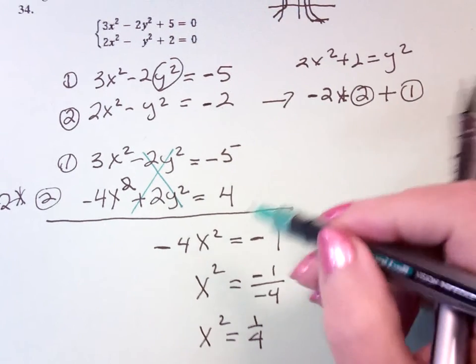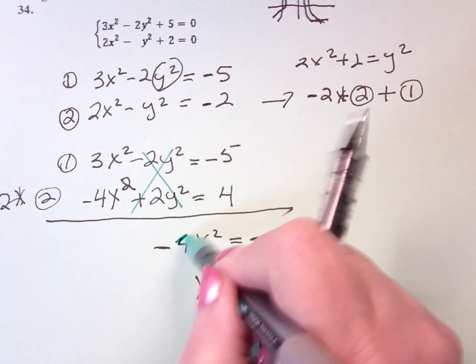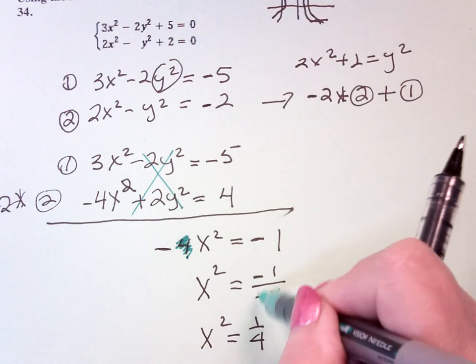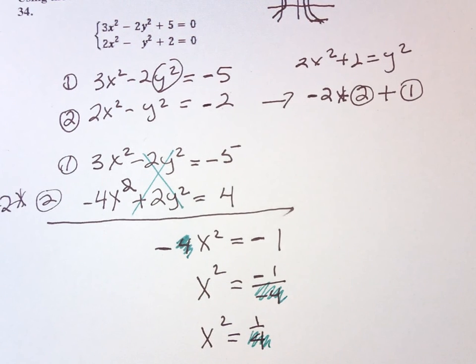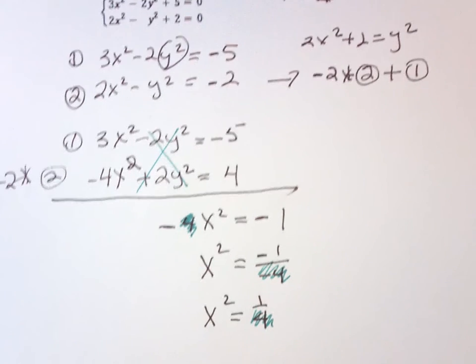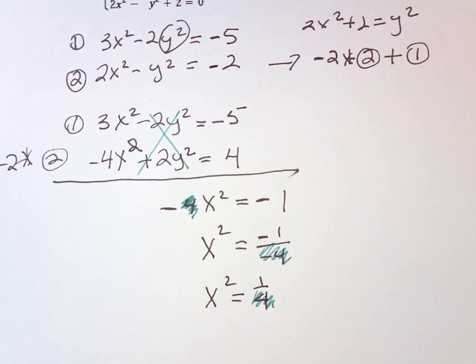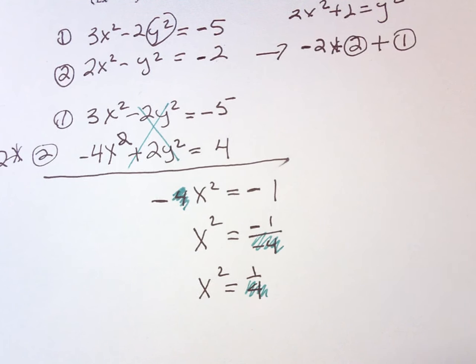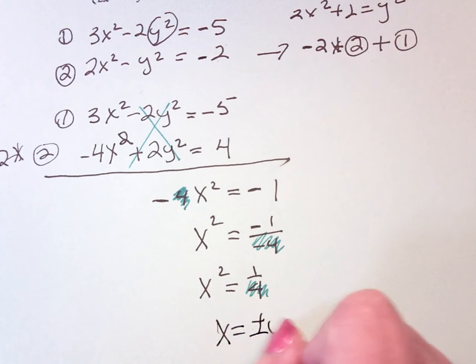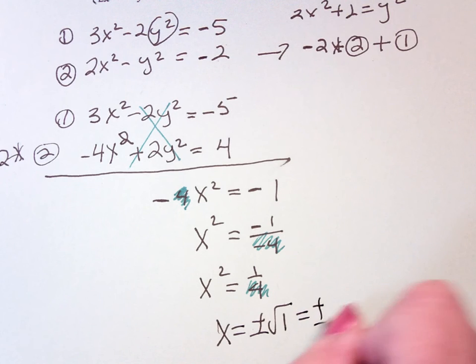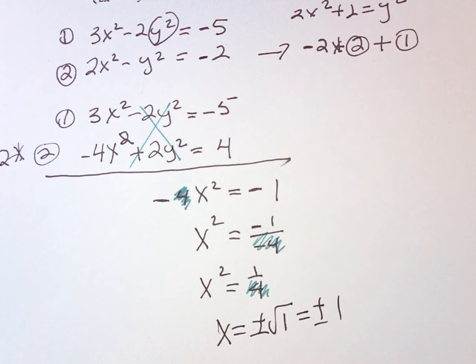Well, that was unpleasant. Yeah, it's just minus x squared. I like that better. Phew. I like that one better, because now we're going to have x squared equals 1, or x equals plus or minus the square root of 1, which is plus or minus 1. Yeah, that was easy enough to finish.